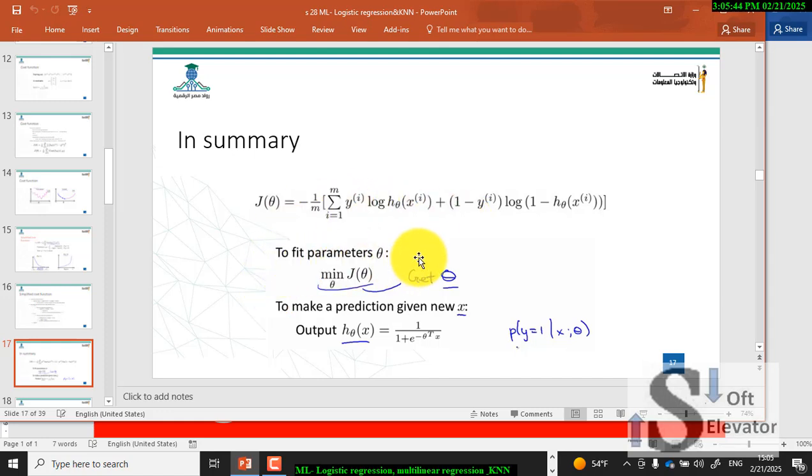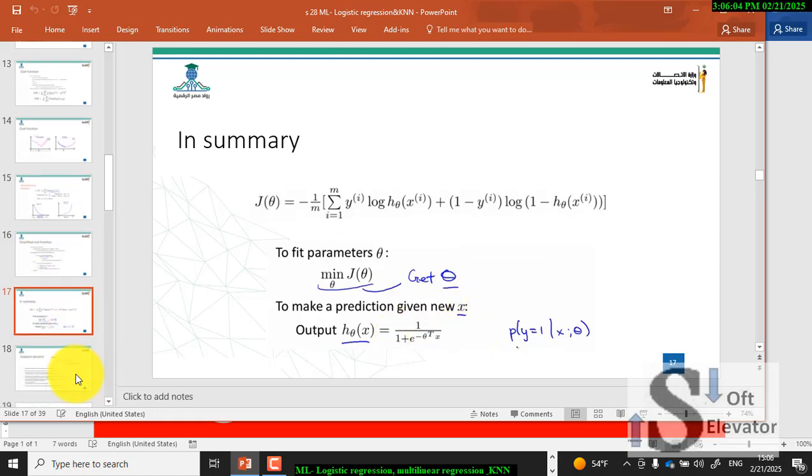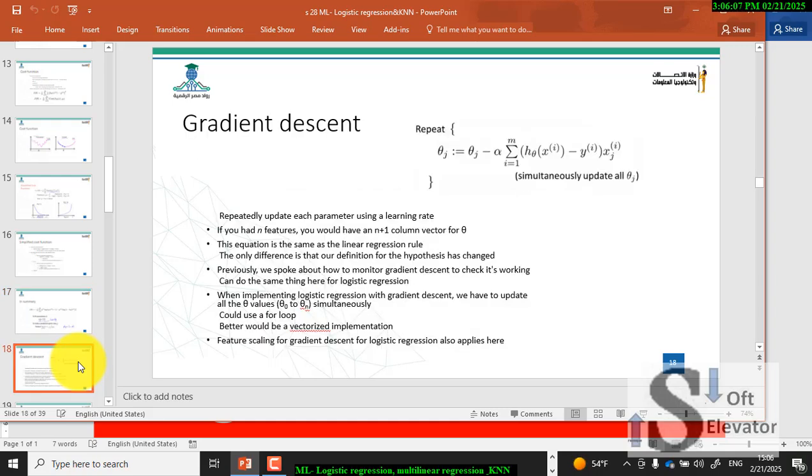To fit parameter theta, cost of theta minimum, output of h of theta, which is this equation, e power minus theta transpose times x, array or matrix. Now you will hypothesize and repeat this until we have fixed theta of j. When theta of j, the error, is fixed, no variation, this is the minimum error. Steady, no variations.